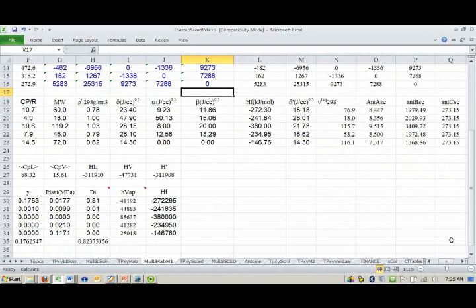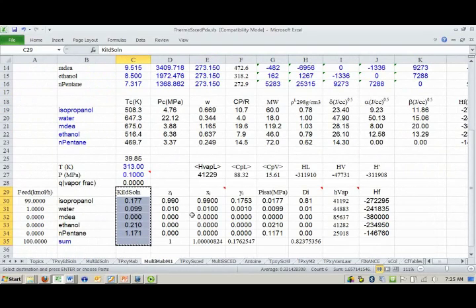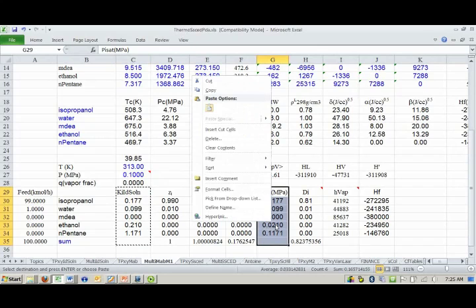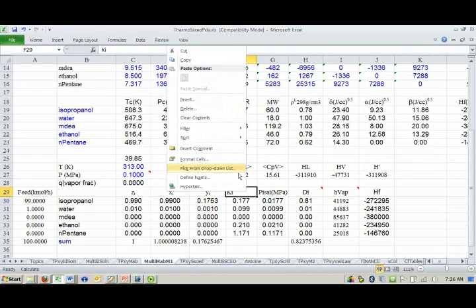Okay, now we've got our Aij matrix, and what we need to do is calculate our gammas. First thing that's going to happen is these K values are going to become a function of composition, and so I'm going to need to move them because they're going to depend on the x and the y, because the gamma depends on the x, and K is equal to gamma i pi sat over P. So right now it's just the pi sat over P because that's the ideal solution, but we want this to be for the real thing.